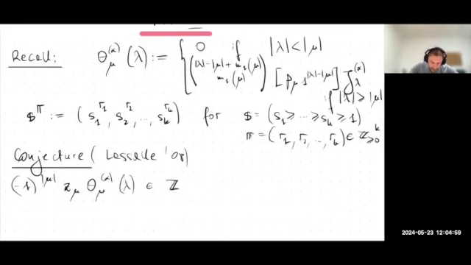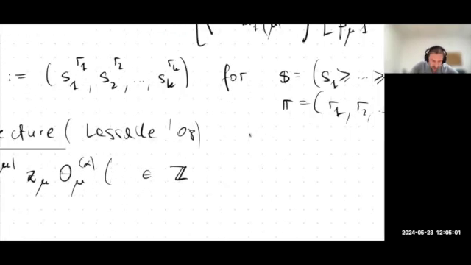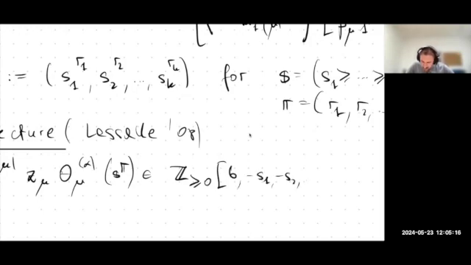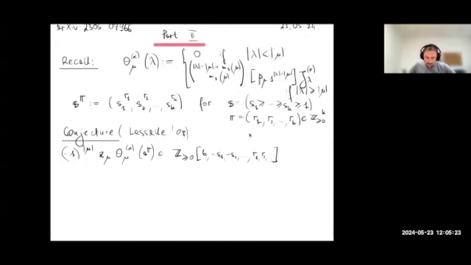Let me change this lambda into my multi-rectangular coordinates. So this is always a polynomial in B minus S1 minus S2, etc., R1, R2, etc., with non-negative integer coefficients. This is the main conjecture that we would like to solve.